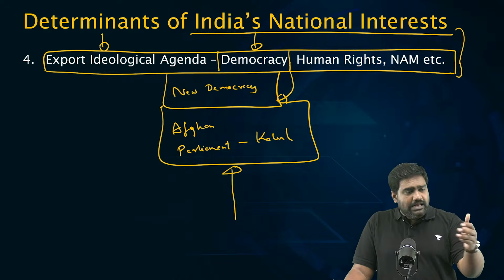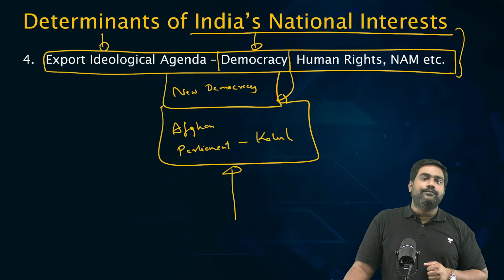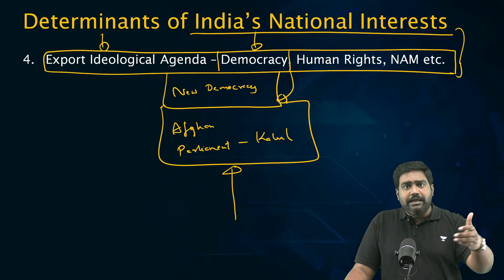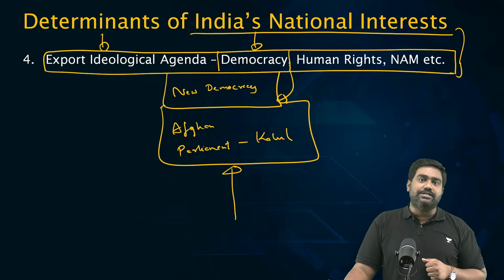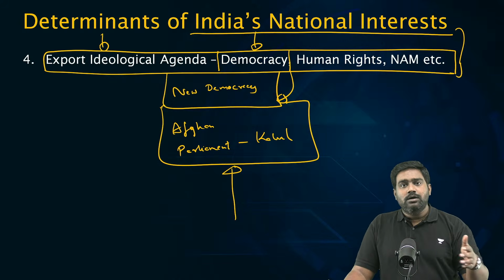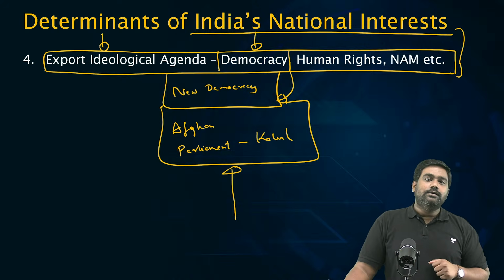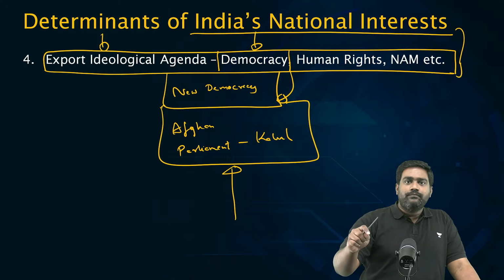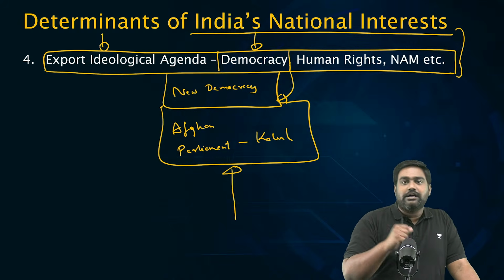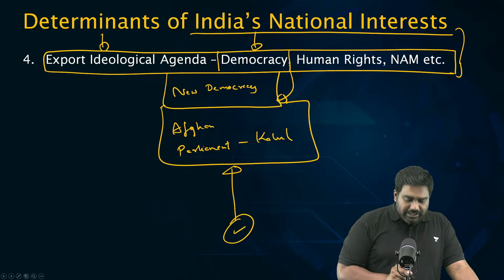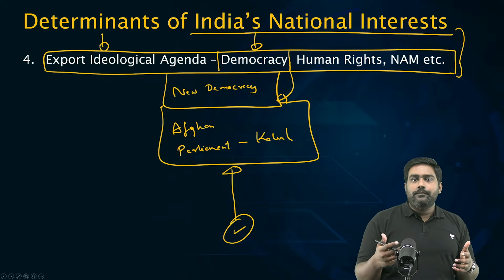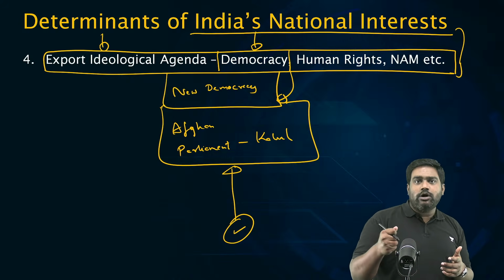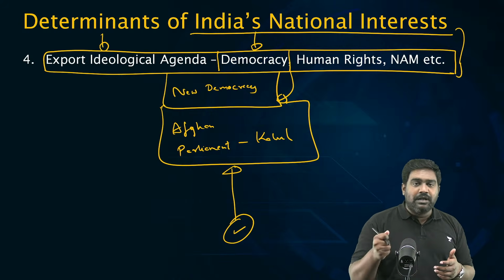We have helped many countries in the conduct of their elections. We have also helped many countries to transition to a democracy, be it Myanmar or be it countries in Africa. Since India's independence, India has always supported the democratic transition in African nations. So this is nothing but an ideological export where we are promoting a certain ideology for a free and fair and liberal world order.